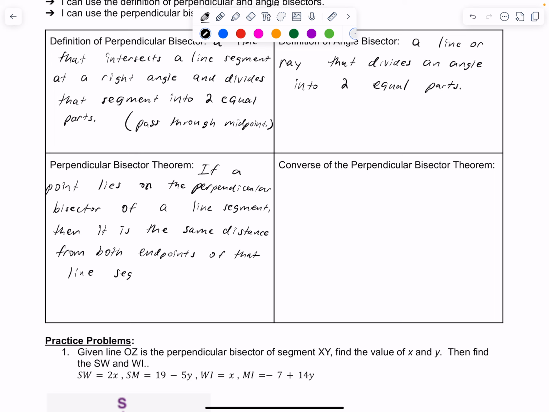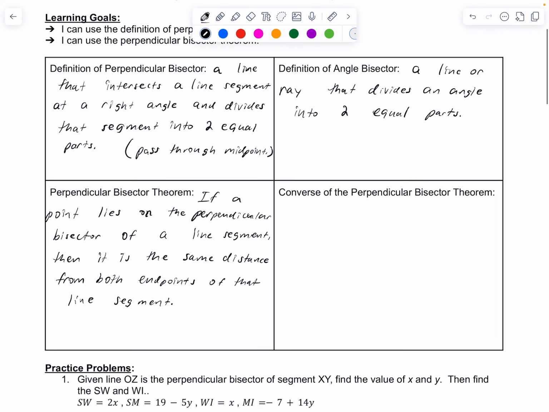Now, I'm hoping this is not a surprise for you if you were in class. When we proved this in our CLT, you practiced different points, and different groups had different points, and they all ended up being the same distance.